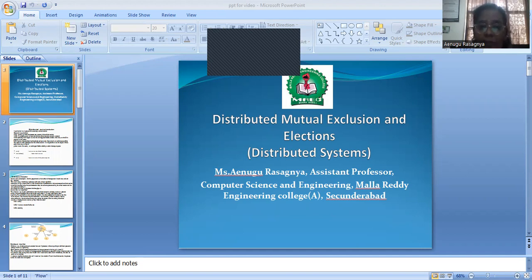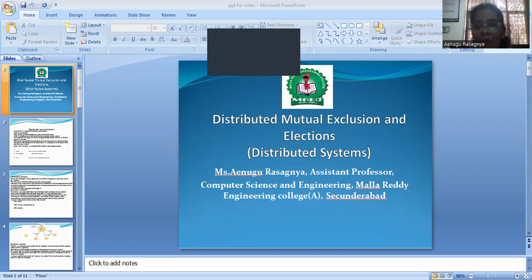And what is the second property? The liveness property means that the request to enter and exit the critical section should eventually be accepted, which means we should always accept every process that wants to enter the critical section, and it should eventually succeed. The third property is that if one request to enter the critical section happened before another, then entry to the critical section is granted in that order.